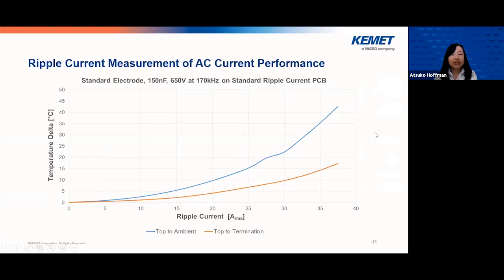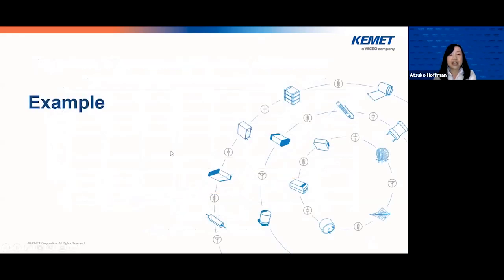You can also see here in blue line the measurement result for temperature difference between the top of the part and the ambient temperature. And then, the closer these are together, the easier to pull the heat out. And that concludes the voltage region and then current limited region and so on.